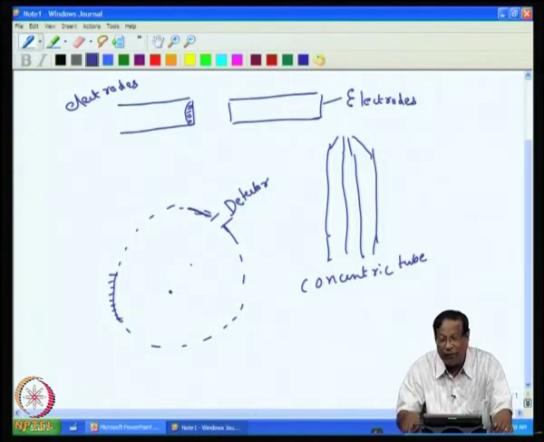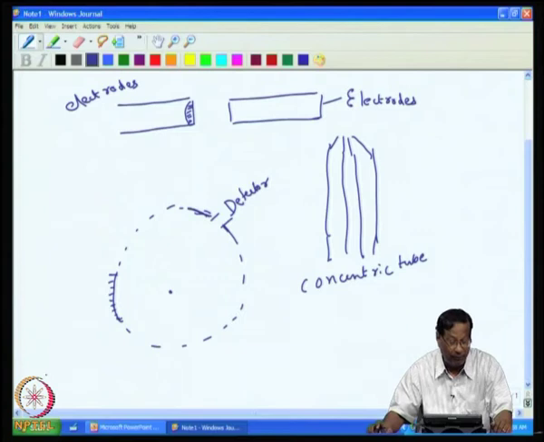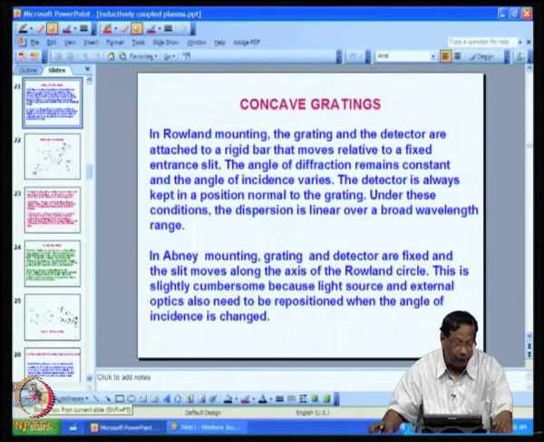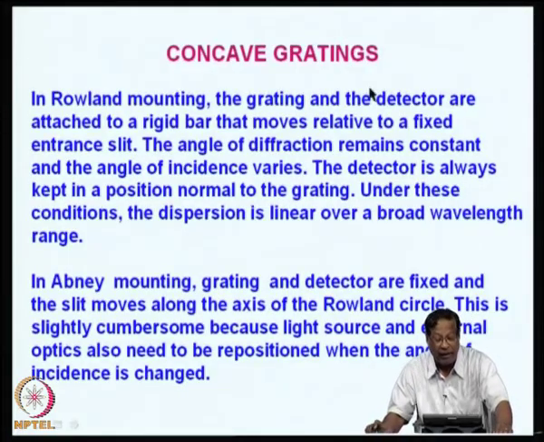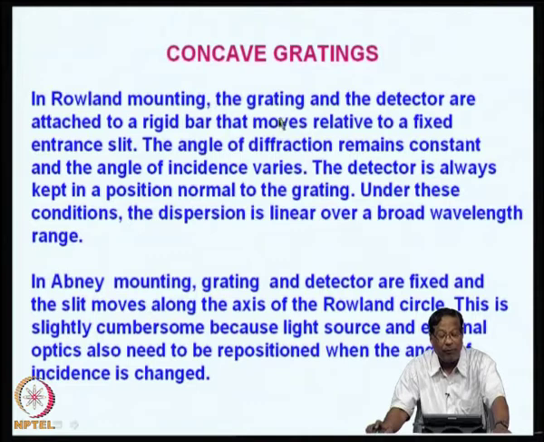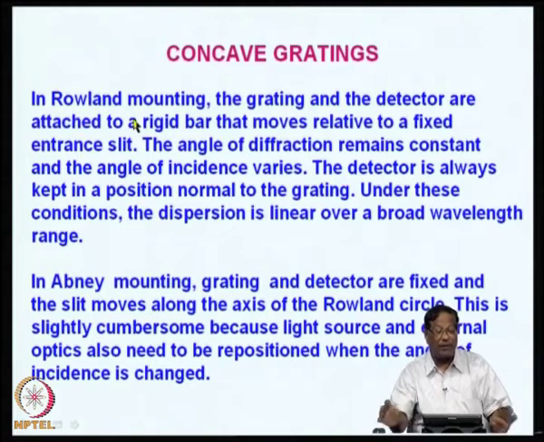This circle is known as the ROWLAND circle. So, in ROWLAND mounting, the grating and the detector are attached to a rigid bar that moves relative to a fixed entrance slit.